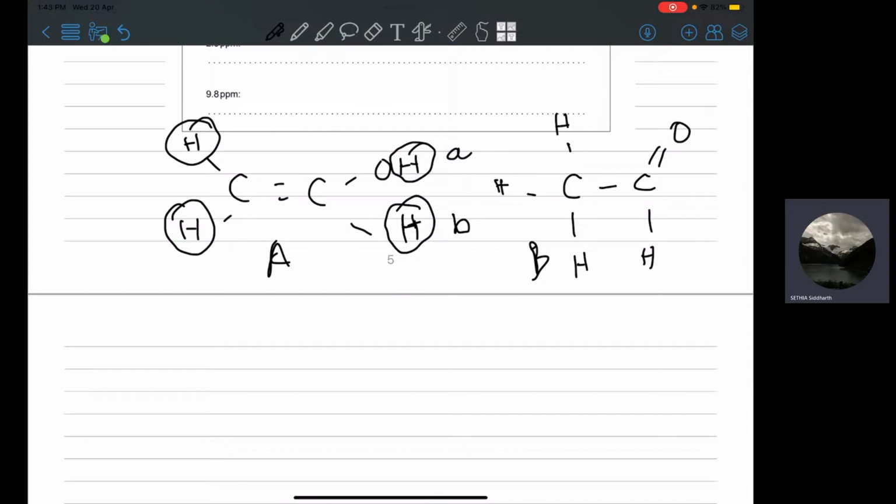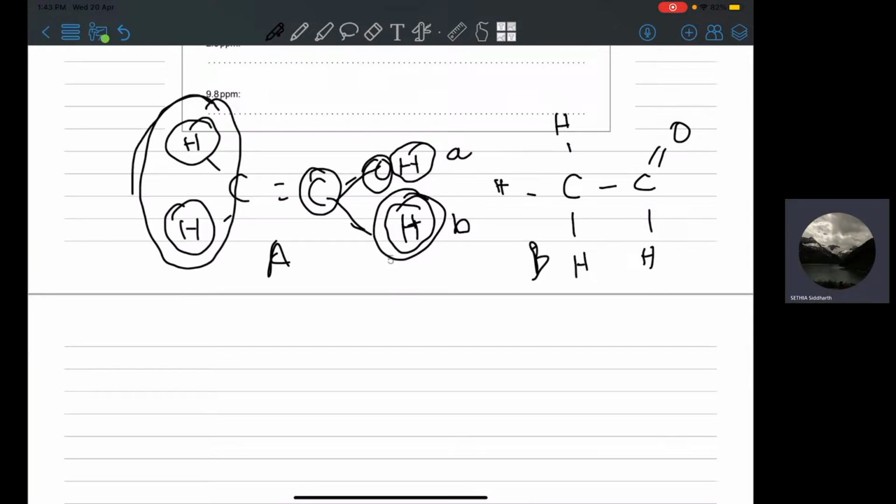And this environment that these two hydrogens are in is very different to this environment. And why is that? Well, simply because this hydrogen is attached to a carbon, which is then attached to an oxygen. However, these hydrogens are attached to a carbon, and this carbon is then attached to another carbon and nothing else, right?